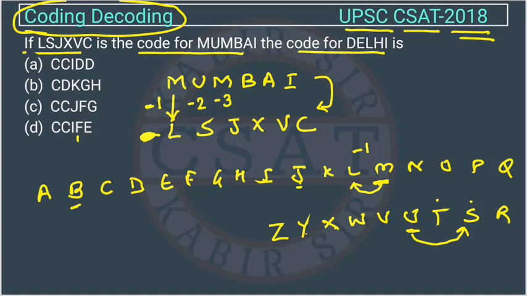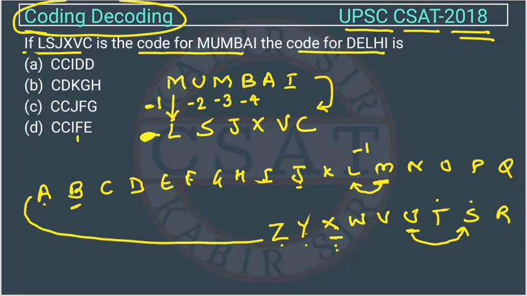Now B is converted into X. B is here and X is here: first, second, third, fourth. So this is the fourth position backward, so this is -4. We consider it as cyclic, so before A it will be Z. Don't get confused about how we are coming here; we assume it as cyclic.